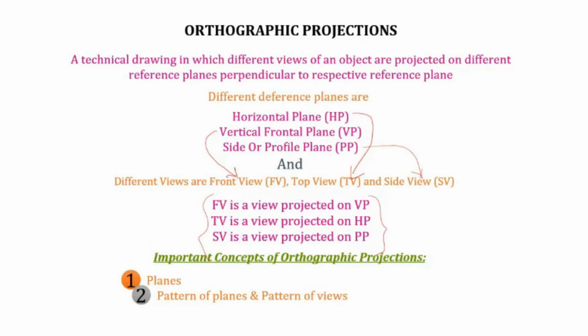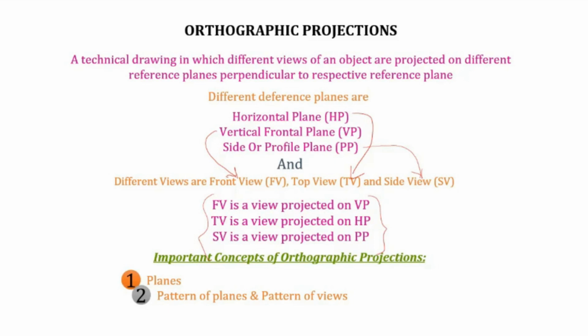So you need some specific concepts or conventions to convert this three-dimensional thing into two dimensions. As I said, the horizontal plane, the vertical plane, and the side plane constitute something like a room, something like a box. That box cannot be directly converted into two dimensions. Your drawing is in two dimensions. Your paper is in two dimensions. So you have to convert these three dimensions into two dimensions.